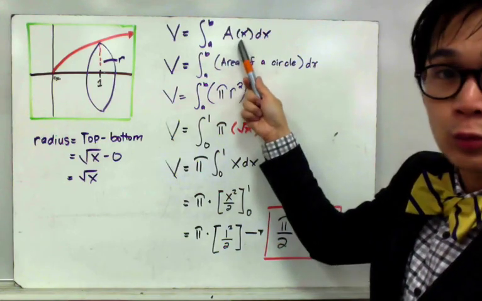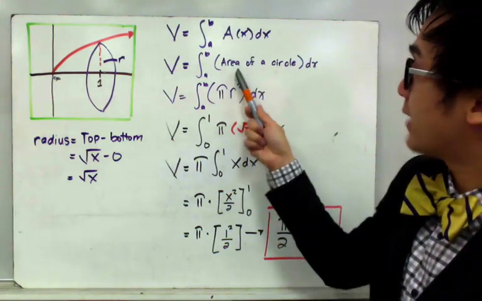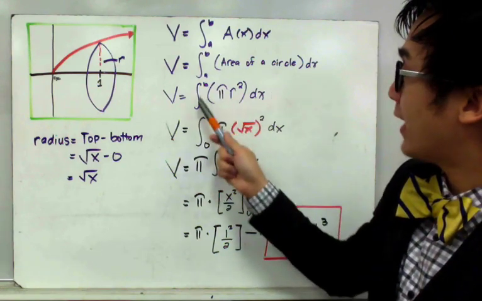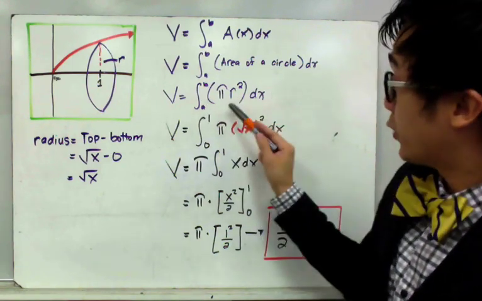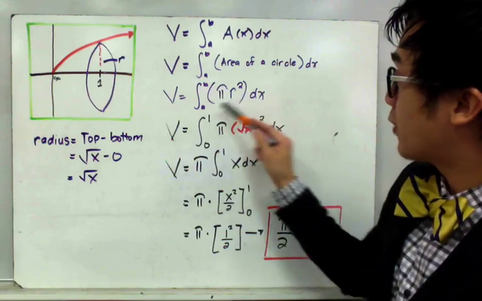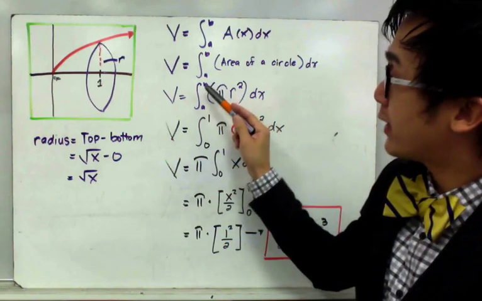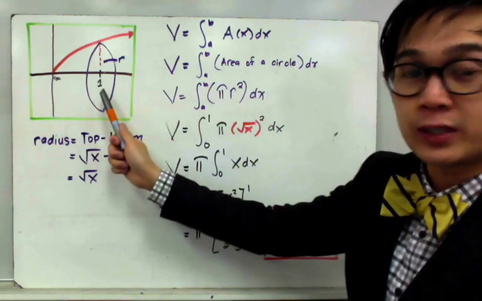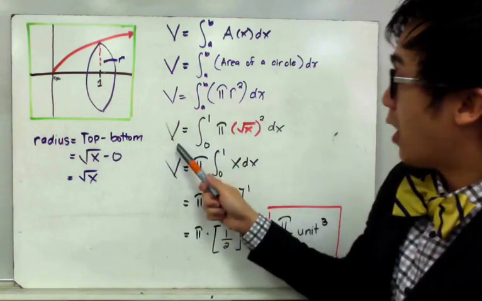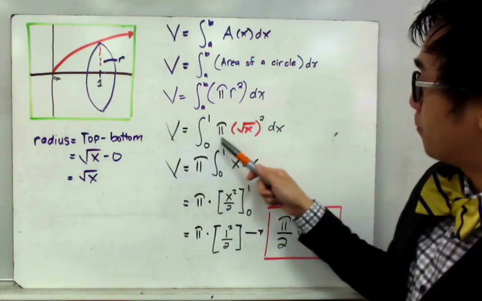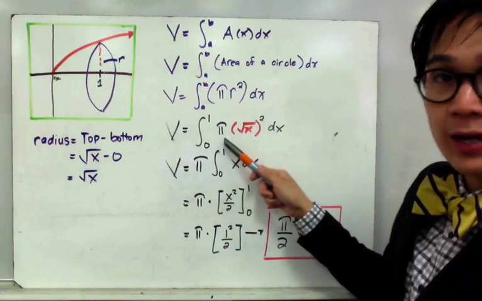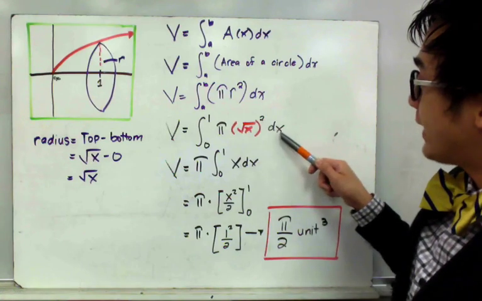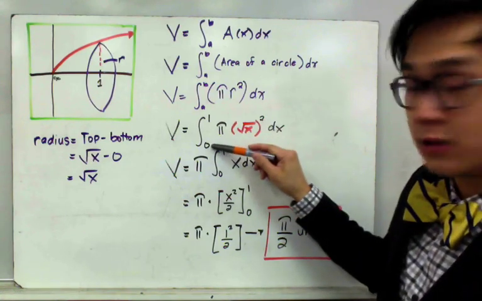The area that we're working on in this particular problem is the area of a circle, so we have pi r squared dx from a through b. Using all the numerical values we know in the problem, the volume will then be the integral of pi times the square root of x, which is our radius, squared, dx from the interval 0 to 1.